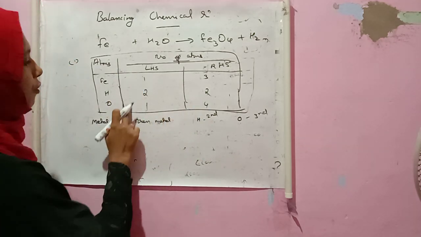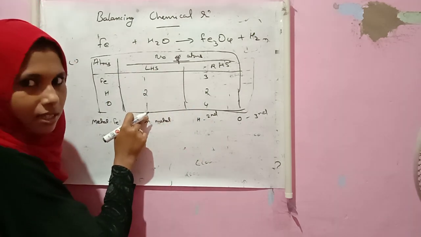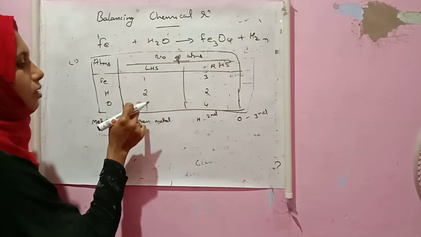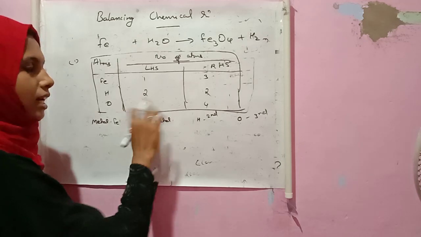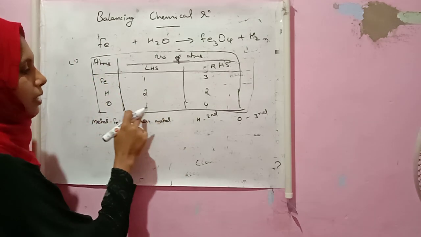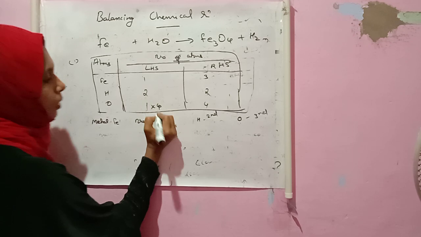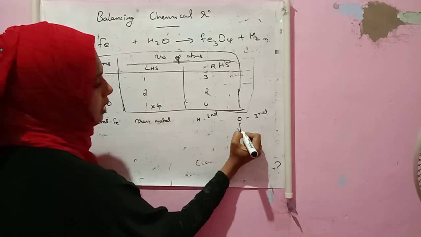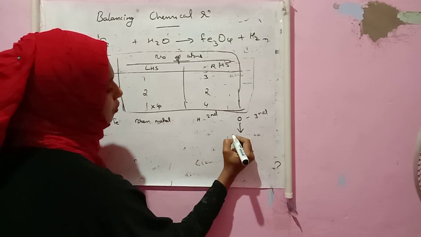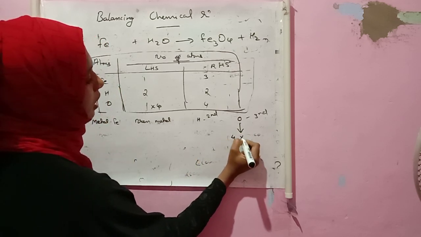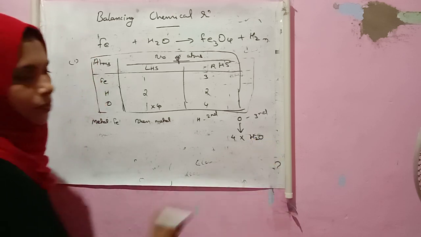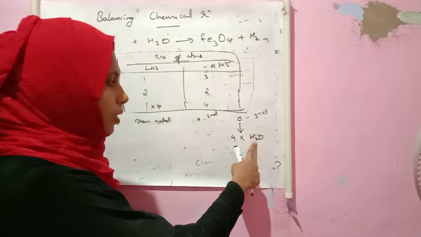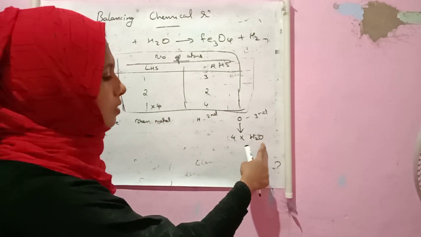Checking the number of oxygen on the LHS, it is 1, and on the RHS it is 4. So we need to make 1 into 4, multiplying by 4 on the LHS: 4 H2O. Some change will happen for hydrogen, because oxygen is in compound with hydrogen.